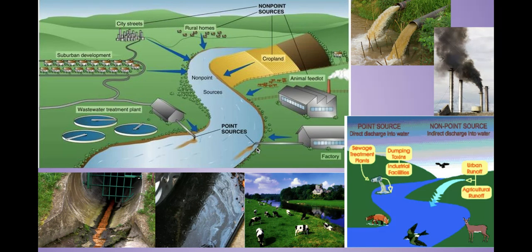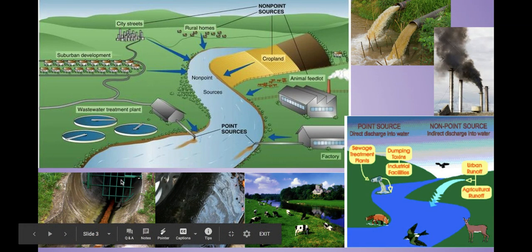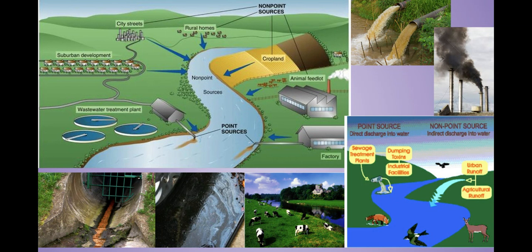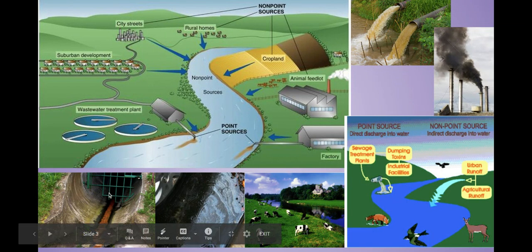So if we want to take a sample of water and know the pollution, the polluted sample would be downstream, and our control would be upstream from the point source. That wouldn't be true for non-point sources, right? So if you get a question on the test in which you have to identify a point source versus a non-point source, this is a non-point source because it's coming from urban development.